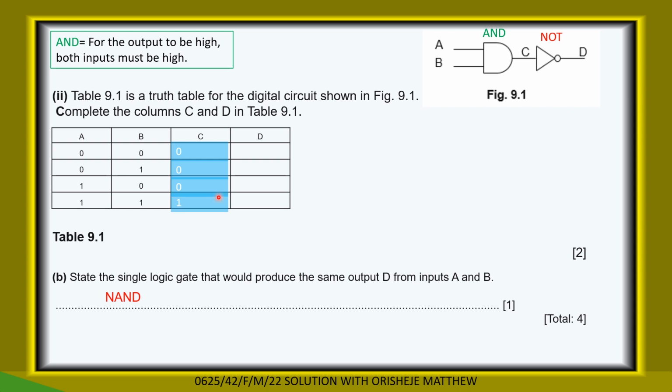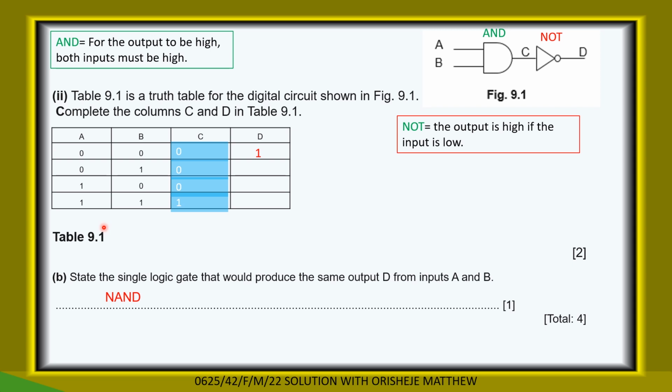So 1. Now for the NOT gate, what is the principle for the NOT logic gate? The output is high if the input is low. So it does the work of an inverter. If C is low, then D is going to be high, not low.